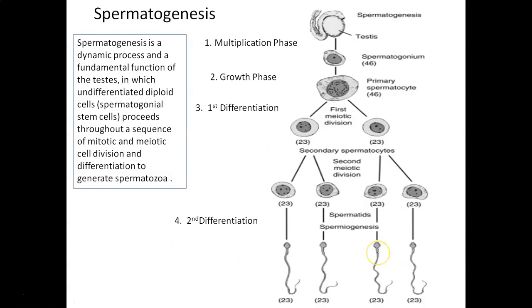You can see in this diagram: spermatogenesis, testis, spermatogonia 2n, 46, 2n, 46, 23, n, 2 divisions, first differentiation, second differentiation, spermatid forms the sperms, spermiogenesis. So spermatogenesis is the process where the spermatogonia forms 4 sperms, first through mitosis and then meiotic division.